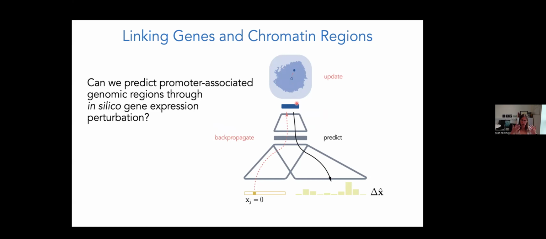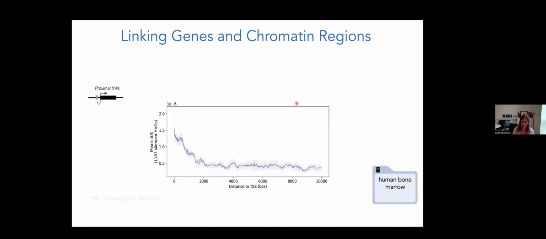What would the generative model predict if you have this perturbation? What we've done so far is look at one simple thing we tested: whether you get changes when you silence genes. Do you get changes close to the promoter or far away?